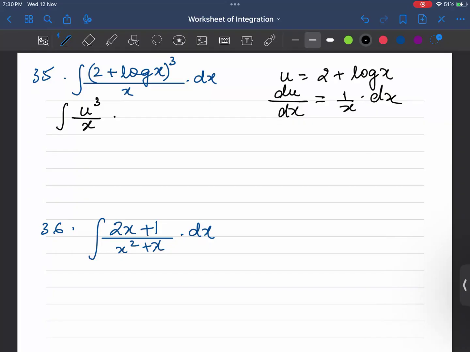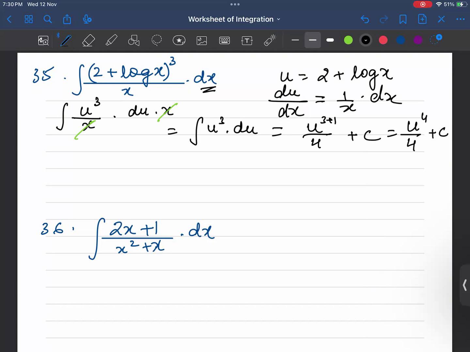Now, in place of dx, I can write du multiplied by x. We can see it's cut. We get the integral of u cube du, which becomes u power 3 plus 1 upon 4 plus c, or we can say u power 4 upon 4 plus c.